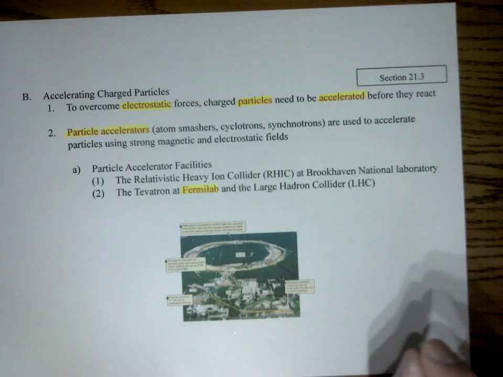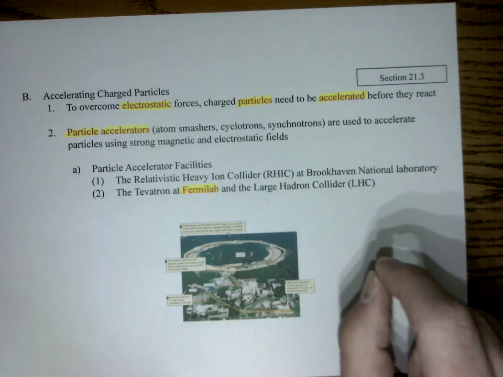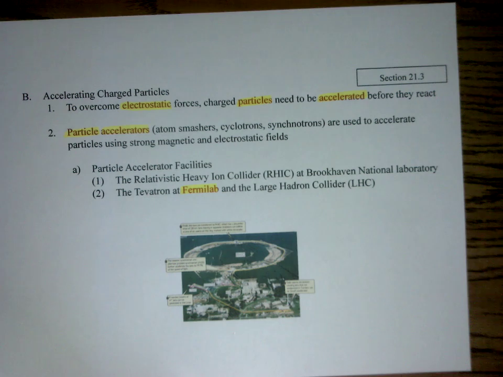To do that, they have to be accelerated very, very quickly. So scientists over the last 40, 50 years have built these accelerators. You can see these things are called atom smashers, cyclotrons, synchrotrons, and they're all used to accelerate particles and smash them into each other.